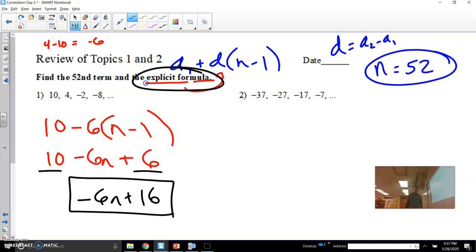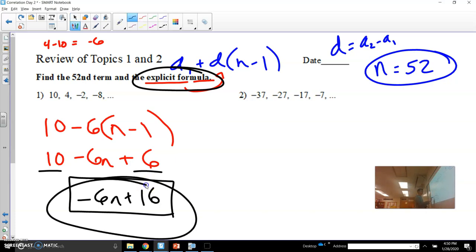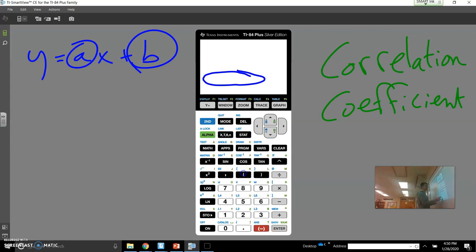So now we want to use that formula to predict a future term in the sequence. I'm about to plug 52 in because I want the 52nd number, but I do want to make sure we understand how the formula is connected to the sequence itself. -6n plus 16. -6 times 1 plus 16. First number is 10.